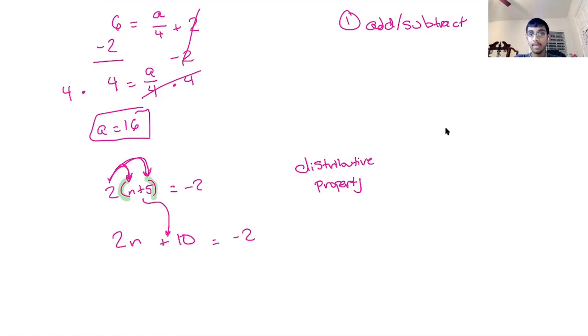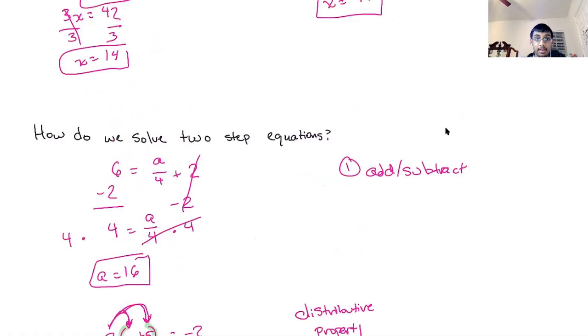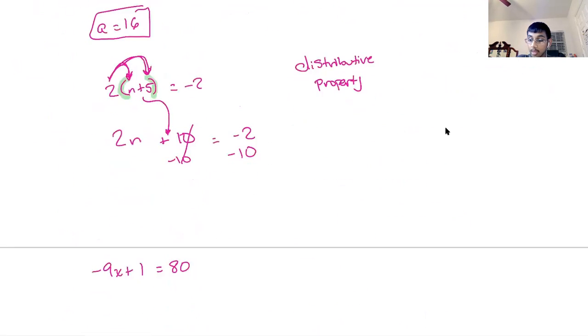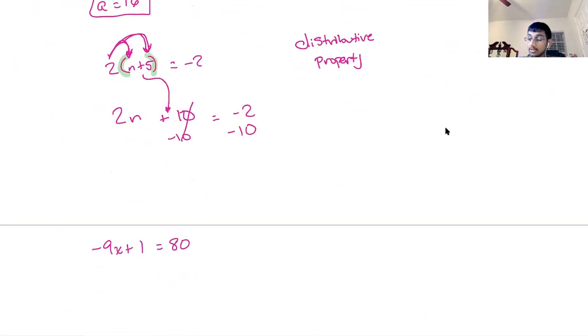Not too bad. The next thing we're going to do is subtract our 10. Very simple, because now we have the ability to do subtraction. And this equation looks a lot like the equation we had up here. When we have the ability to, we always try to do addition or subtraction first. So I subtract the 10 right here on both sides.